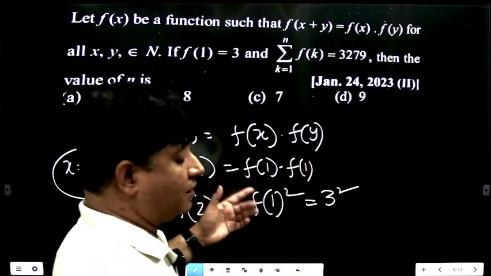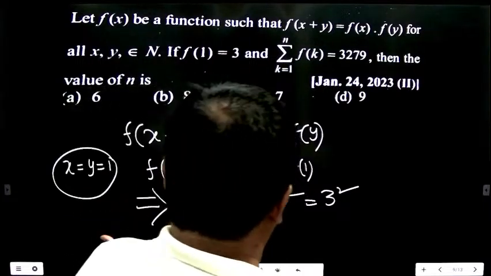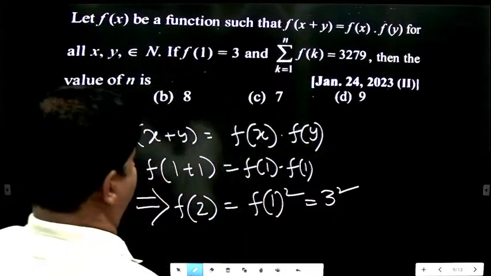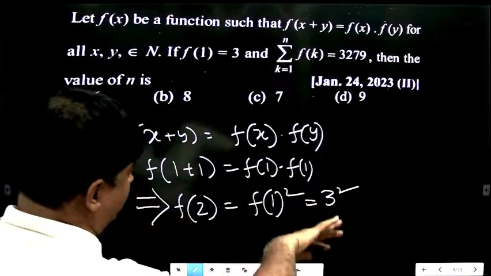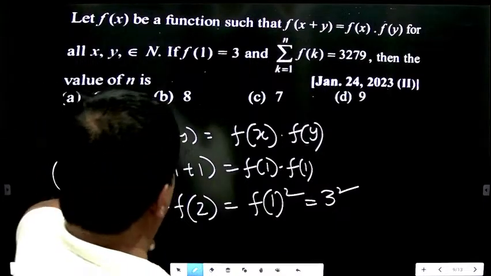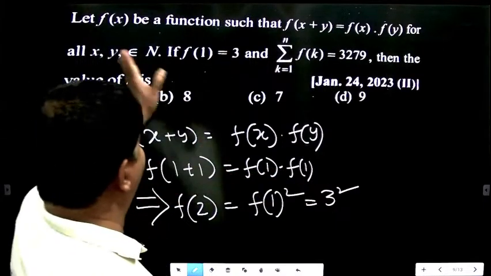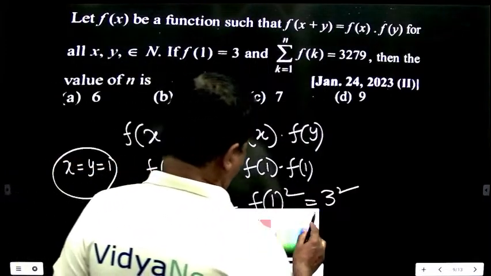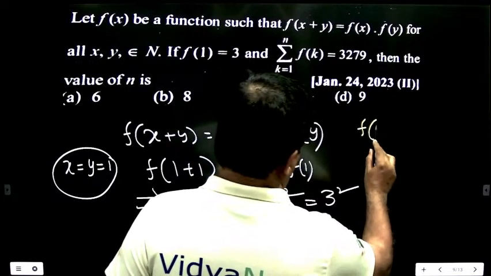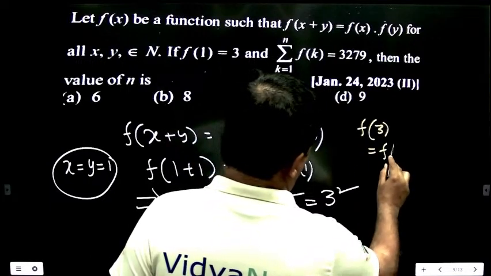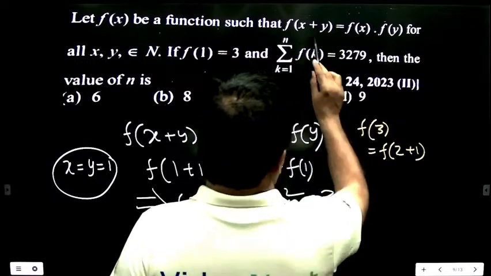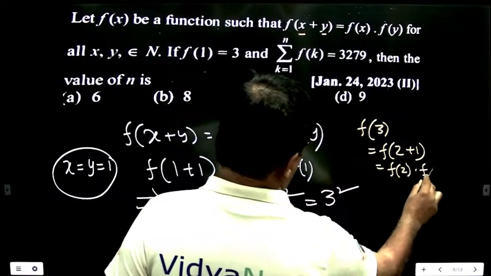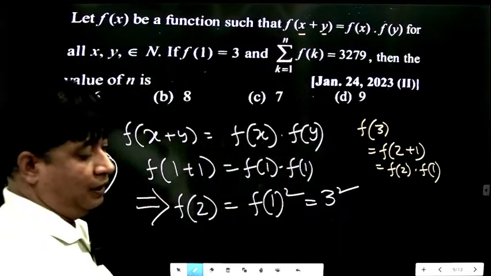So let's see the trend of the function. Because we have to reconstruct the function, we have to follow the trend or propagation. f1 is 3, f2 is 3 square. Now let us find f3. How to find f3? f2 plus 1, f(m plus n), f2 into f1.